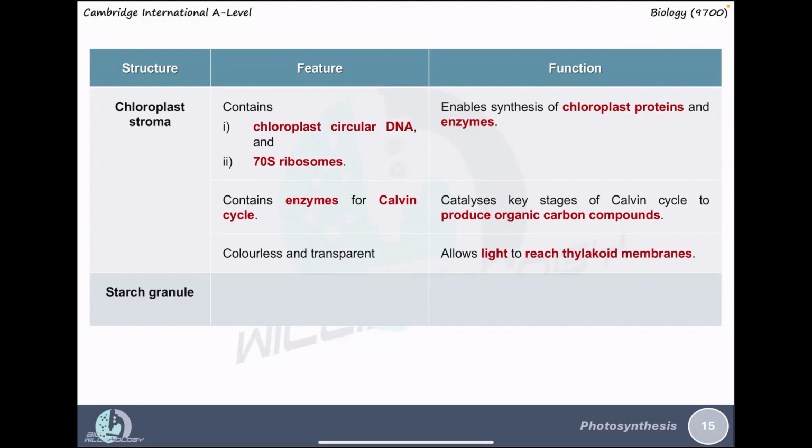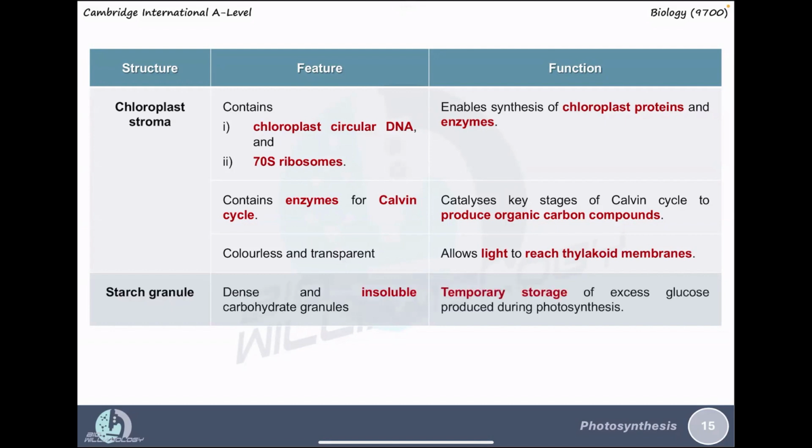And there are starch granules found in the chloroplast stroma as well. They are dense and insoluble carbohydrate granules. They are the temporary storage of the excess glucose produced during photosynthesis. At this moment, you may find those functions and features quite complicated because we haven't done the photosynthesis processes, as well as the reactions.